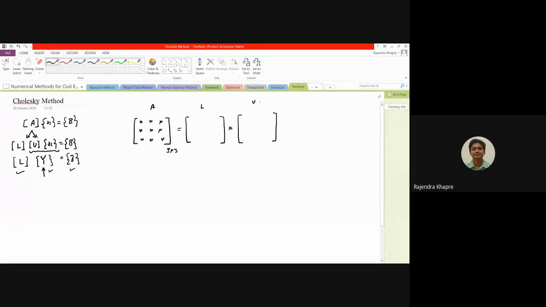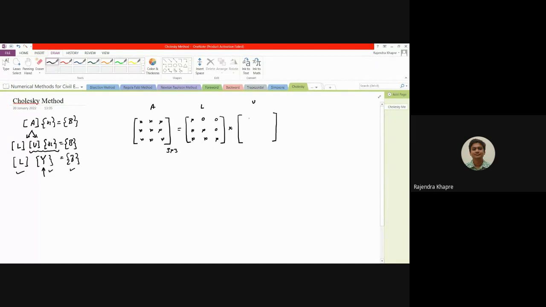Lower triangular matrix means the lower triangle values are there, and the upper triangle values are not there, so this value, this value, and this value are 0. There will be some values here, here, here, here, and here. What do we mean by an upper triangular matrix?